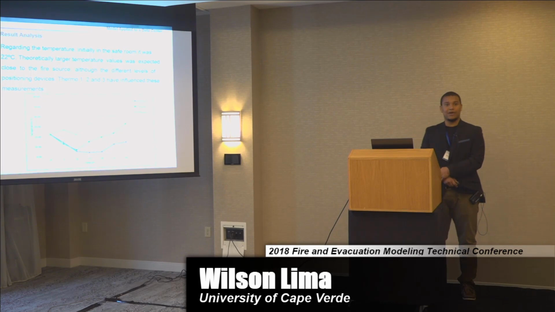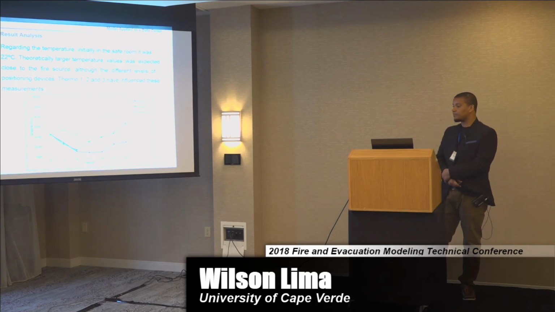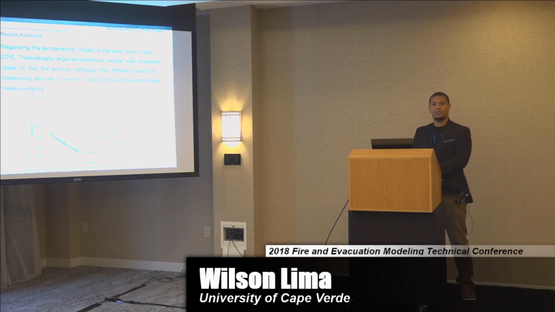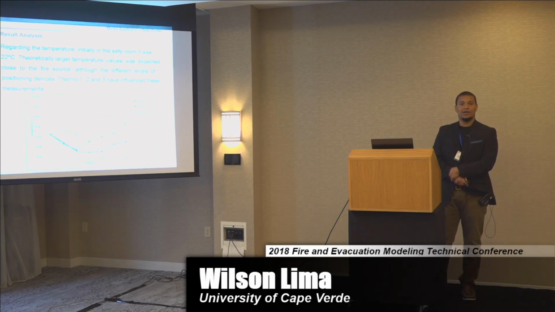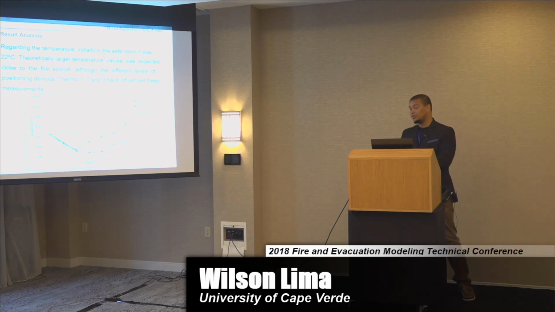It can be justified by one of the principles of thermodynamics that we call convection, where in the upper areas we have a higher temperature, and in the lower areas we have lower temperatures. So we could see here that thermocouple 3 is the farthest thermocouple from the fire, and it is in the upper area.